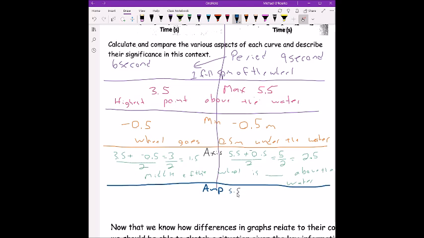So I have 5.5 minus negative 0.5 divided by 2. That's going to turn to a plus, so it's going to be 6 divided by 2 equals 3. And yours is 2. 3.5 minus negative 0.5 divided by 2 equals 4 divided by 2, which equals 2. Okay?